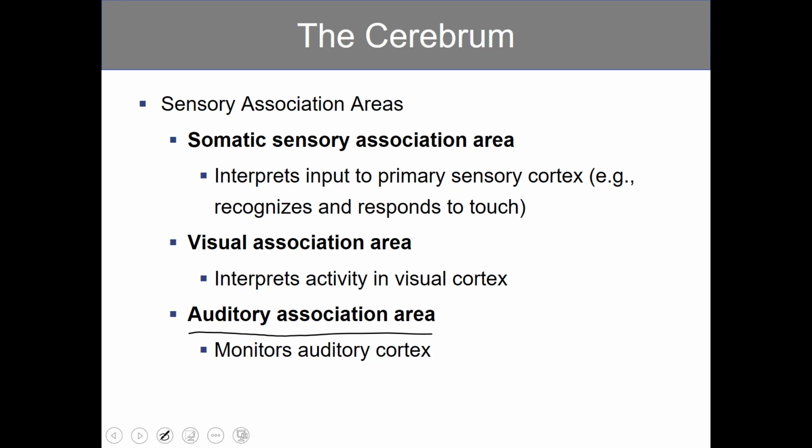So you now understand what I'm saying. Same thing with the visual association area. It's going to interpret activity within the visual cortex, so it's going to make sense of what you're seeing. So these other real estate regions of the cortex are used to interpret.